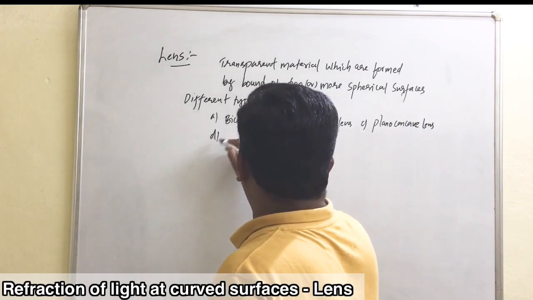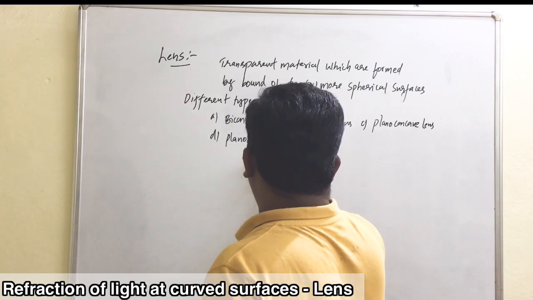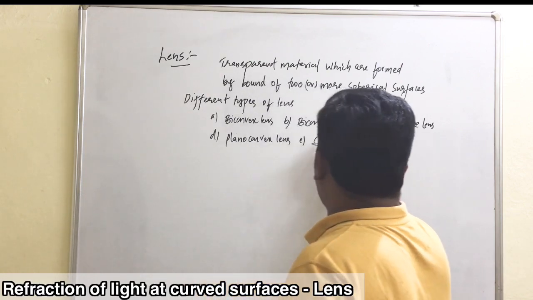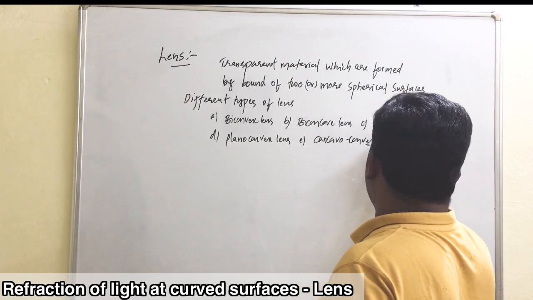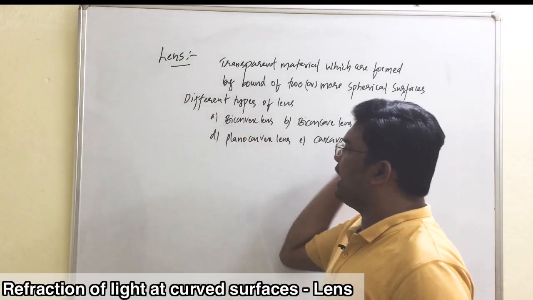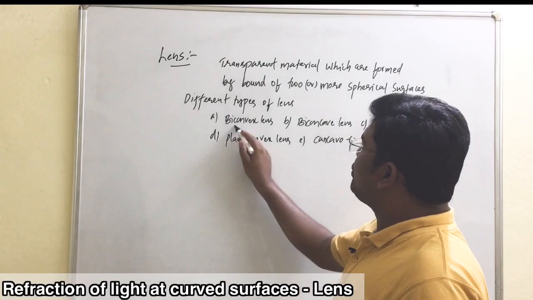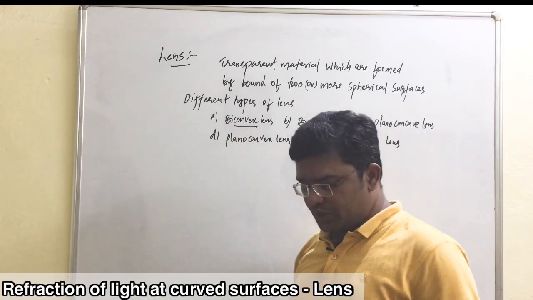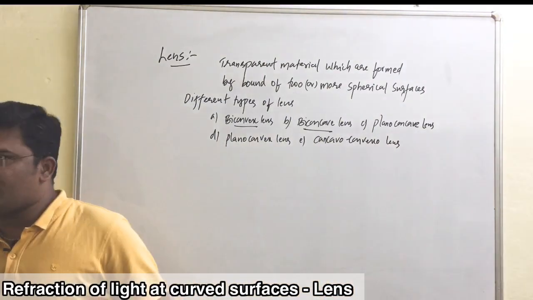Plano-convex lens, concavo-convex lens, and convexo-concave lens. These are all the different types of lenses. But so far for our topic, these two types of lenses are important to us. So let us discuss these two types of lenses.